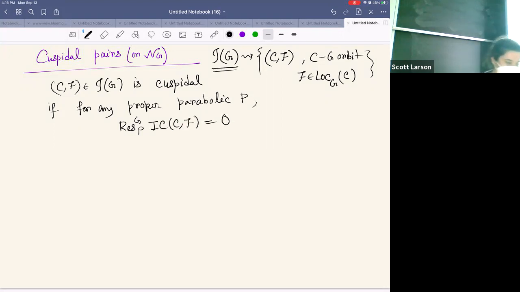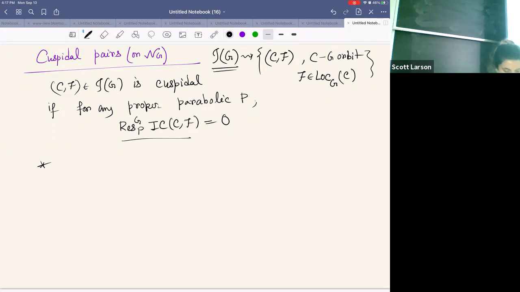So I can actually define it in a different way also, using the adjointness. Here I'm saying that if I pick any parabolic, the restriction is 0.